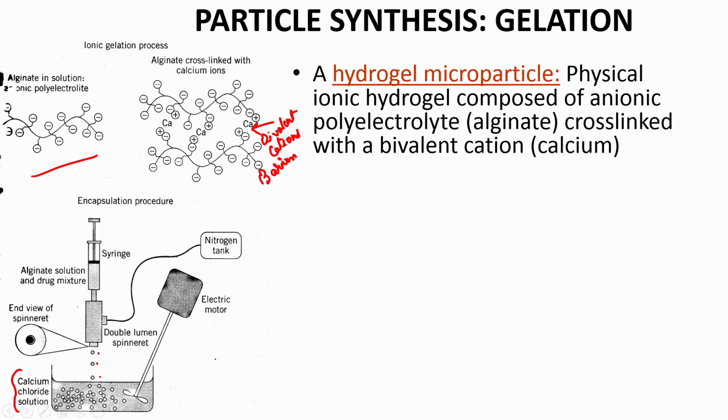And depending on the size of the nozzle that you have been using and the pressure conditions that are there, you will get a certain size of these droplets, and you can vary that with these parameters, and that will essentially result in gelation by ionically cross linking these polymer chains using calcium or other divalent cations. So, as I said, these are hydrogel microparticles because these are fairly hydrophilic polymers that are being used.